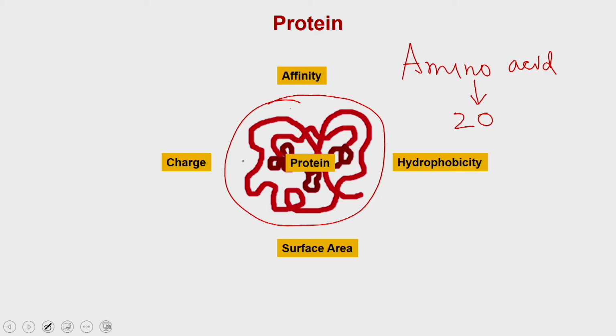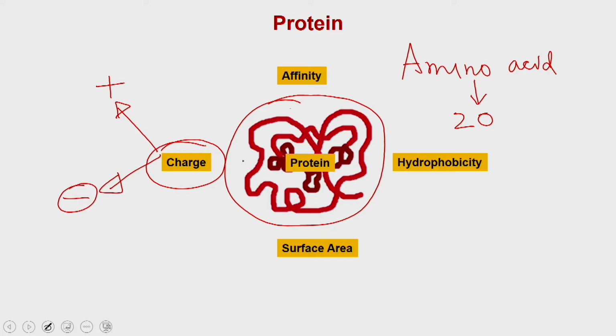A protein could have a charge. So, protein could have negative charges, which means if it has acidic amino acids, it could have negative charges. If it has basic amino acids, it could have positive charges. So, the charge could be positive or negative.